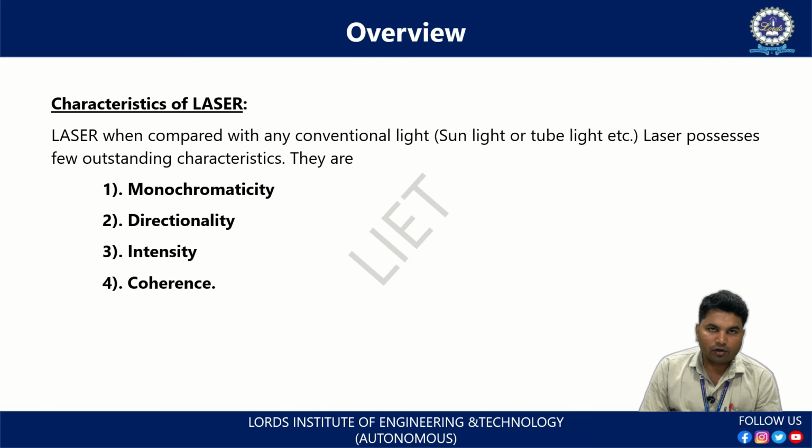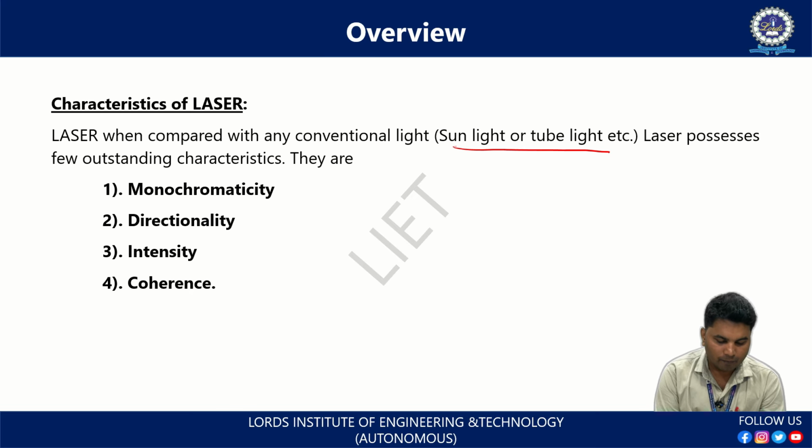So let's see the overview that needs to be known, the characteristics of lasers. Lasers, when compared with any conventional light such as sunlight or tube light, etc., possess a few outstanding characteristics.